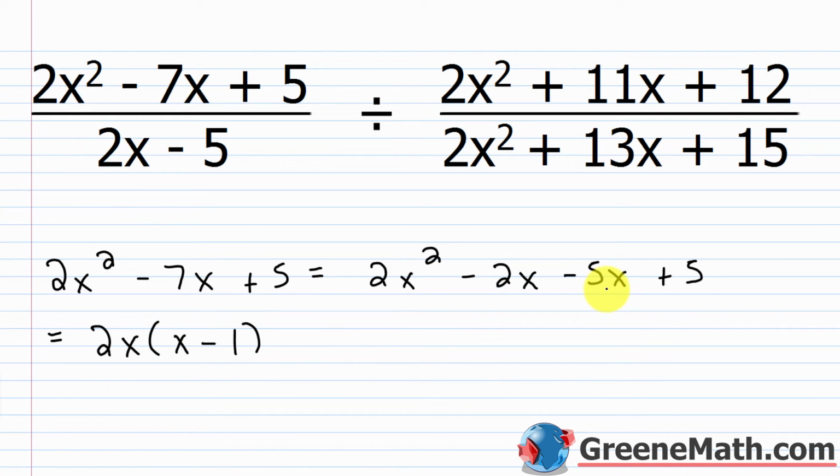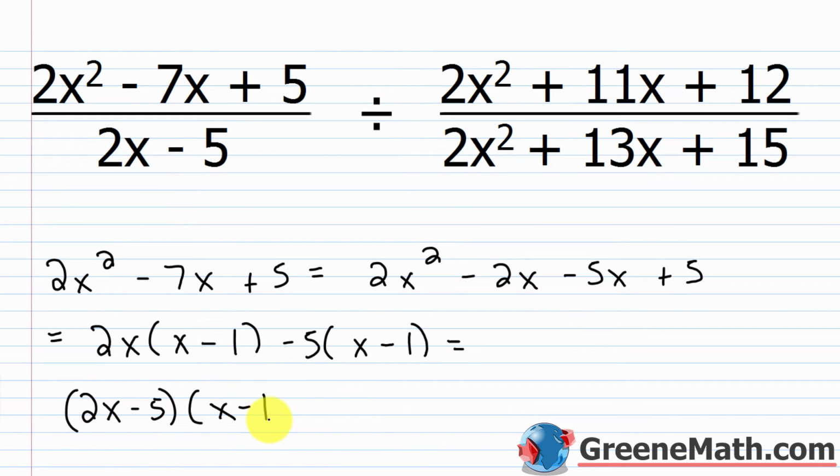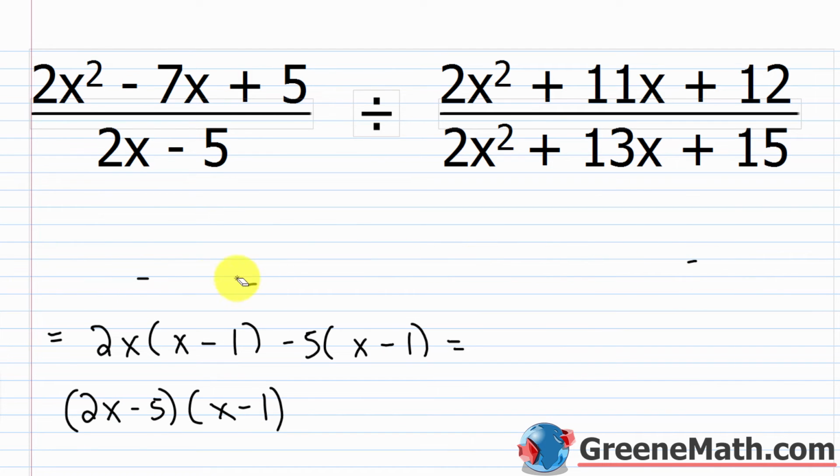From the second group, I would pull out a -5, and that would give me an x minus 1. And so if I pulled out the common binomial factor of x minus 1, I would have 2x minus 5 times x minus 1.